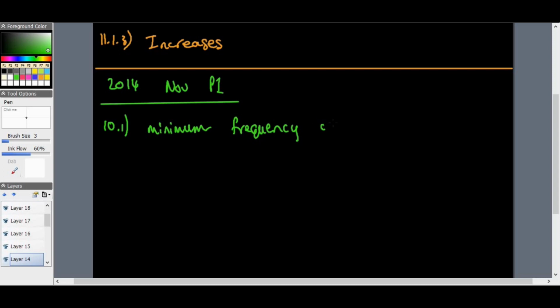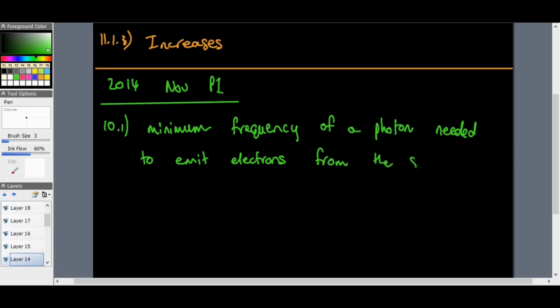Basically the minimum frequency of a photon, or just the minimum frequency needed to emit electrons from the surface of a metal. Awesome.